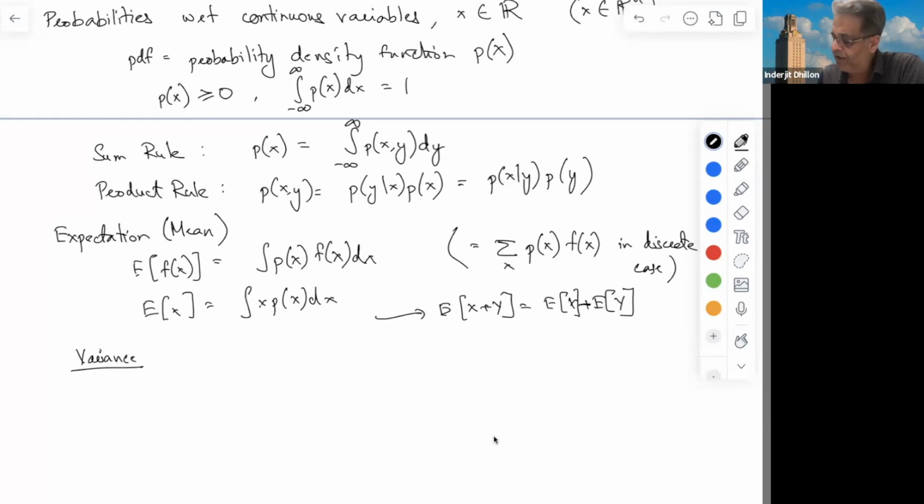Okay, so now suppose again I have a function of x, f of x. My variance is going to be the expected squared deviation from the mean. So expectation, that's the first part. Squared deviation is f of x from the mean. Mean is the expectation of f of x. Okay, square.